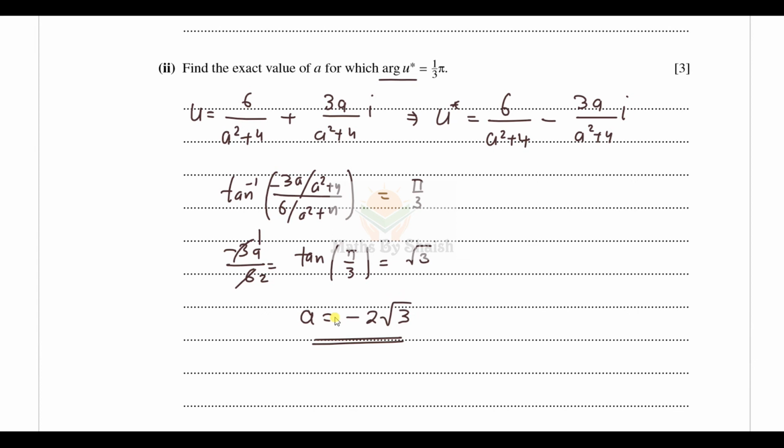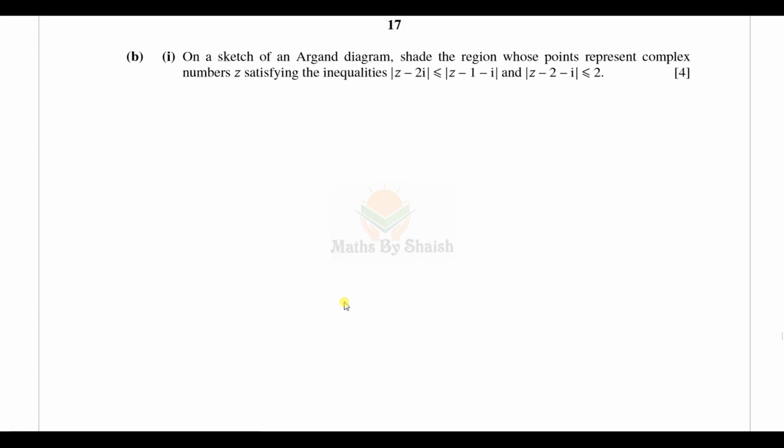Here is the b part first. On a sketch of an Argand diagram, shade the region whose points represent the complex number z satisfying this inequality and this inequality. From here we can see it is the perpendicular bisector, so we can rewrite it as z minus 2 iota, and this is z minus 1 plus iota.